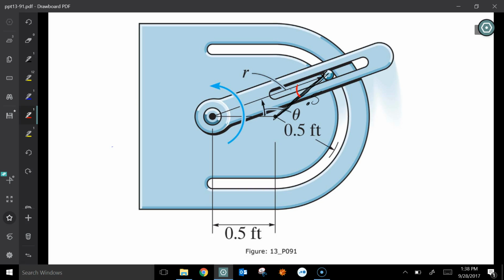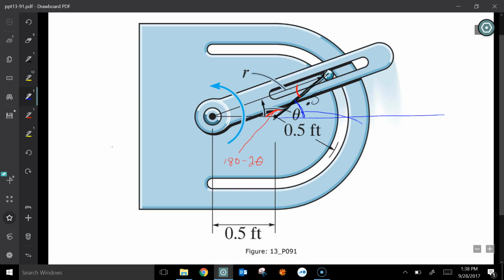The angle inside right here, because that's an isosceles, that angle right here is 180 minus 2 theta. So I can find that angle. Because I can find that angle, I can find the angle between the black line and this blue one.